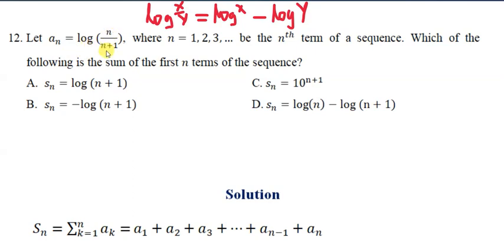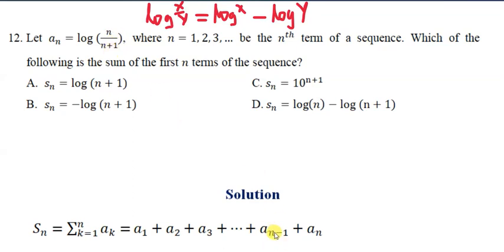2 over 3. When our k is 3, then we have a3, which is logarithm of 3 over 3 plus 1, which gives us 3 over 4, and so on.